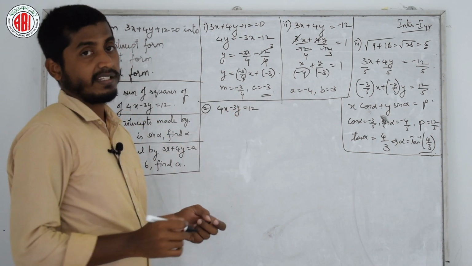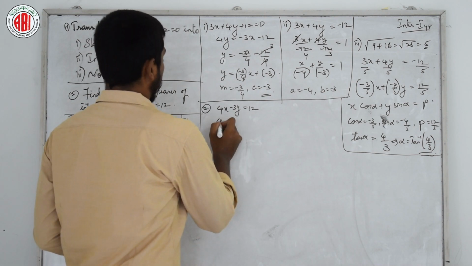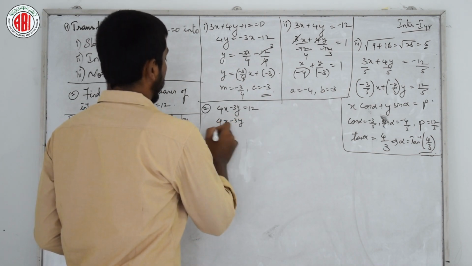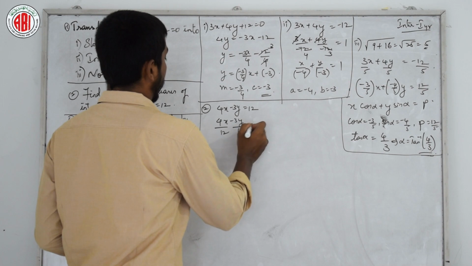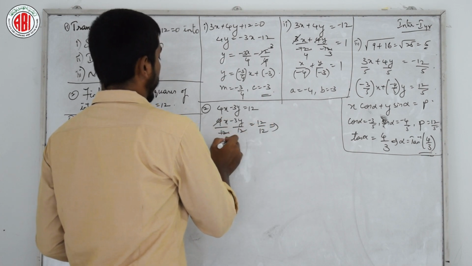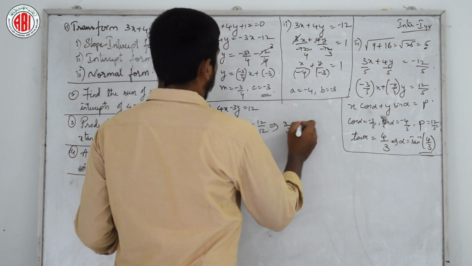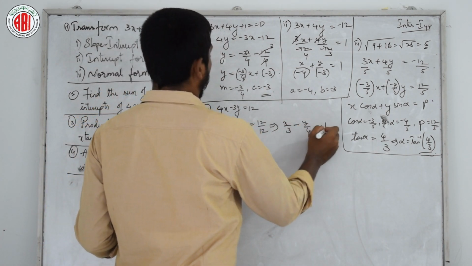How do we find the intercepts? By dividing 12 on both the sides. 4x minus 3y divided by 12 equal to 12 by 12. What will it become? It will become x by 3 minus y by 4 equal to 1.